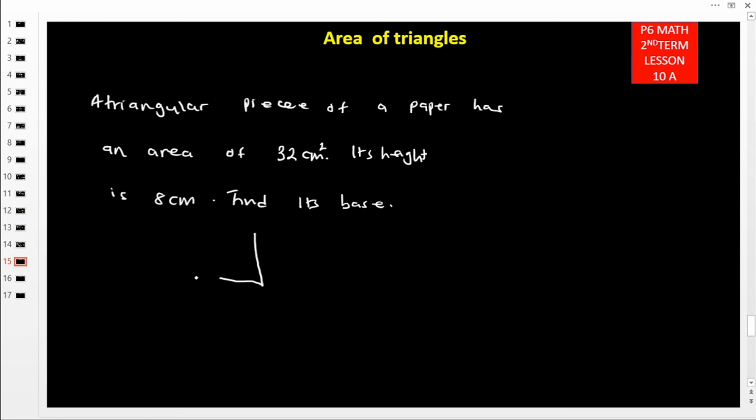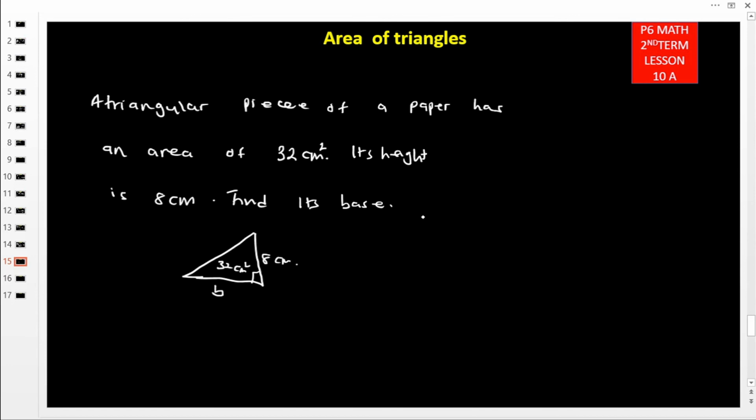Okay, so now I can draw my triangle. And this triangle, it is a right angled triangle. So I put here, now this is the base, and they are saying find its base, so I can make the base to be b, and the height. Because they're saying a triangular piece of paper has an area, inside here all this space is 32 centimeters squared, then its height is 8 centimeters.